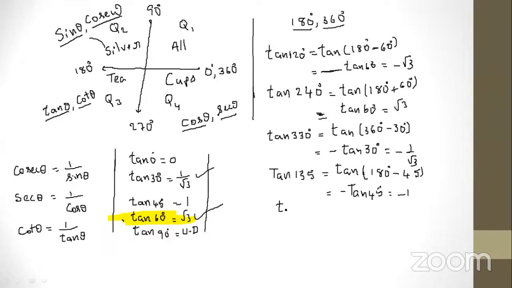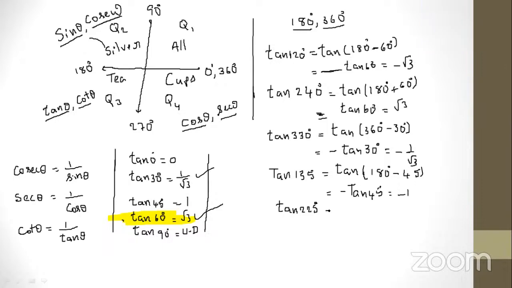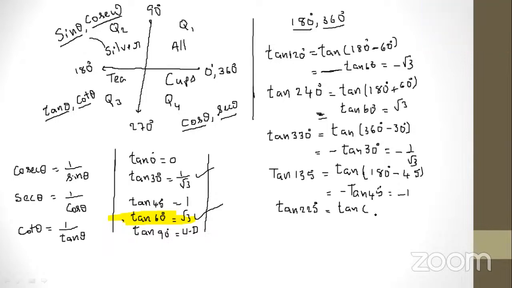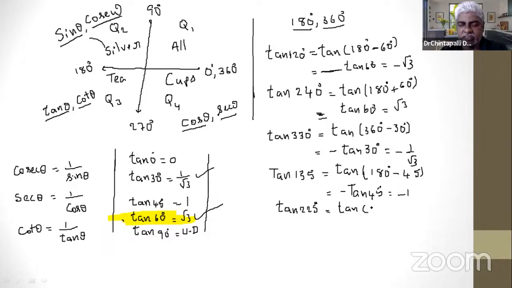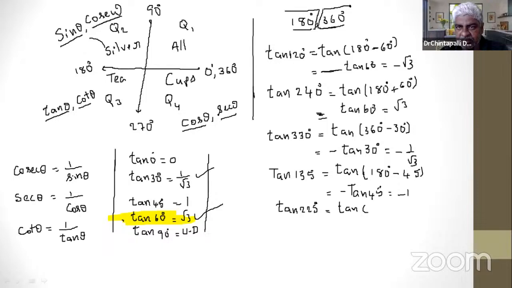What is tan 225 degrees? Can we use 360 or 180? Of course, 360 is farther.